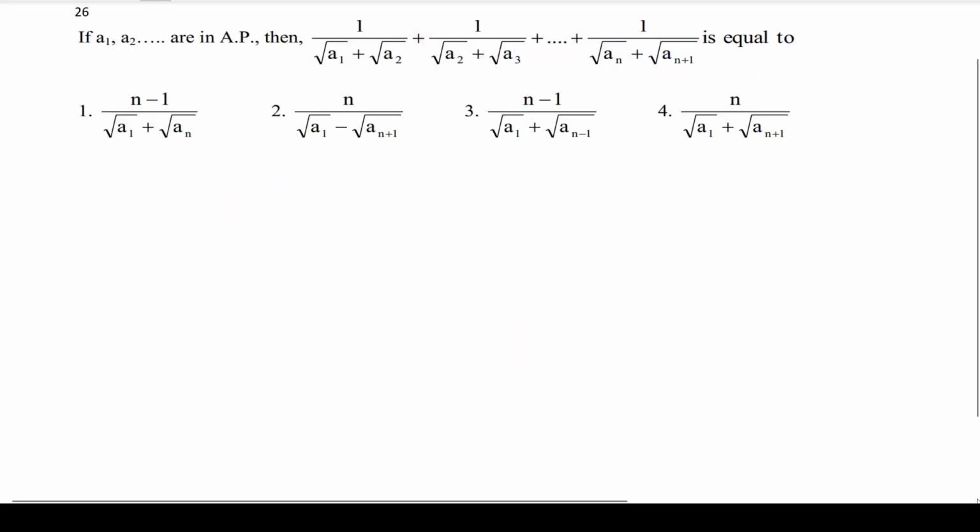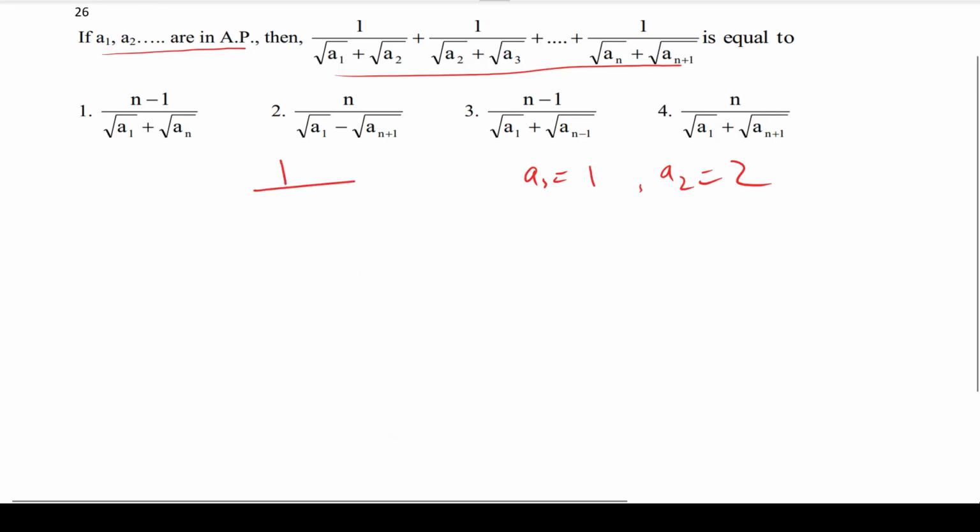This is question number 26. If A1, A2, and so on are in AP, then we need to find the value of the summation. This seems to be the easiest question in the paper. I will solve this question with the help of an example. I assume A1 equals 1 and A2 equals 2.